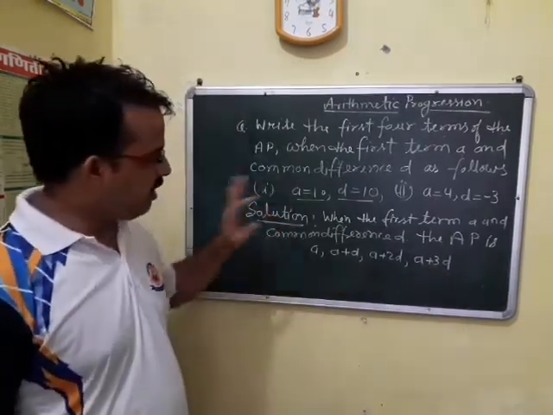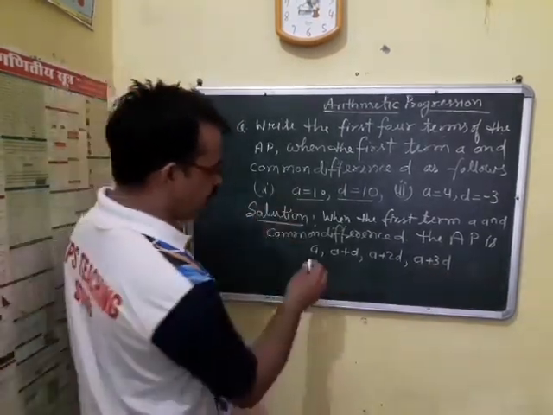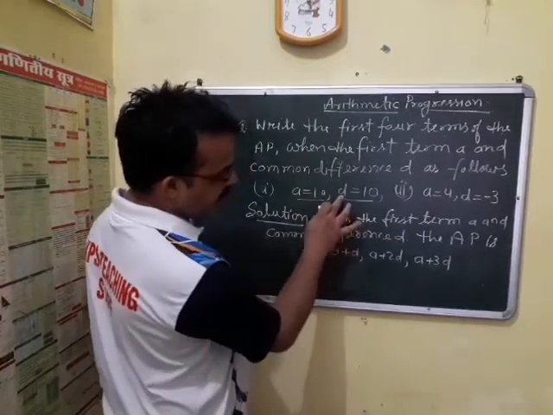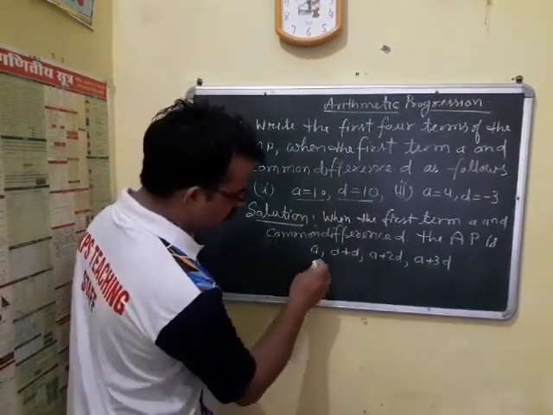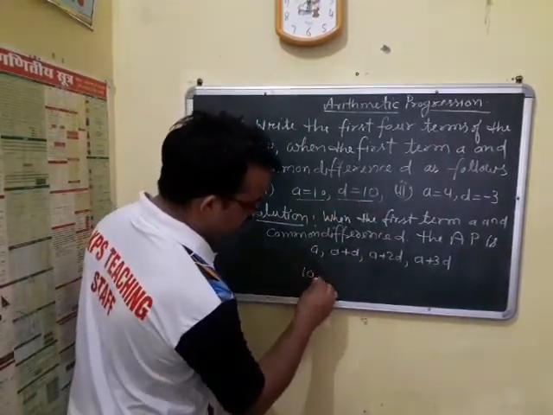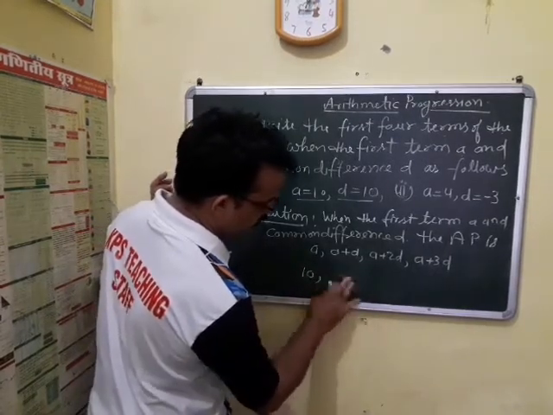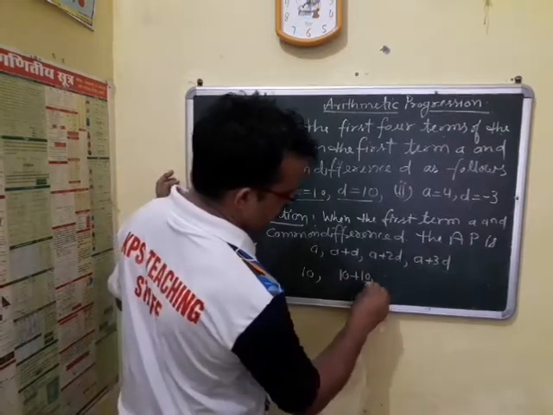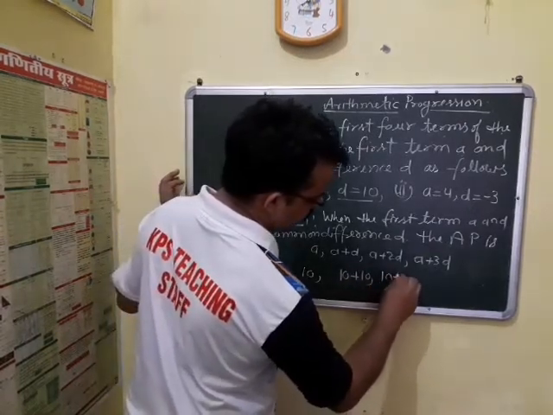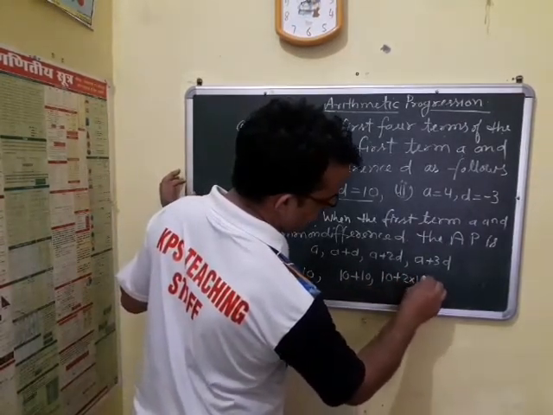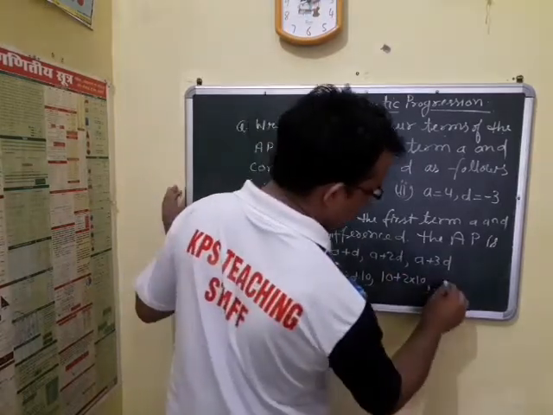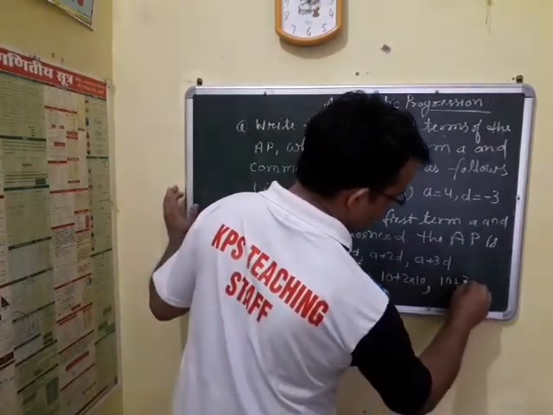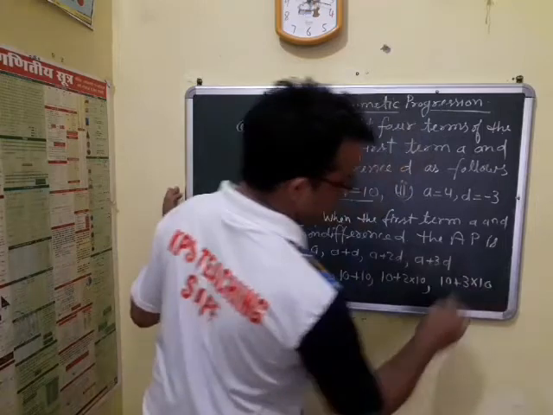Already here it is given that A is equal to 10 and D is equal to 10. So put the value here. A is 10, 10 plus 10, 10 plus 2 into 10, and the fourth one is 10 plus 3 into 10.